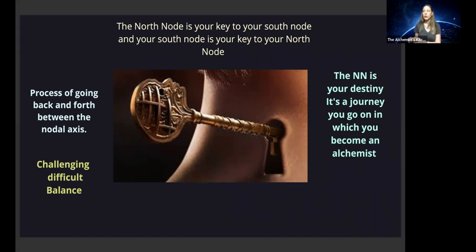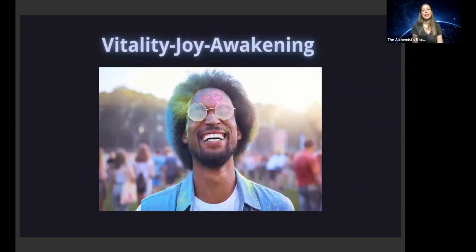Your north node is where you can look back and see the bigger picture. I want to say that the north node would be the alchemist, you stepping into the archetype of the alchemist. And when we begin to walk into our destiny, our new destiny, when we begin to take the risk of living in our north node, something really amazing begins to happen.